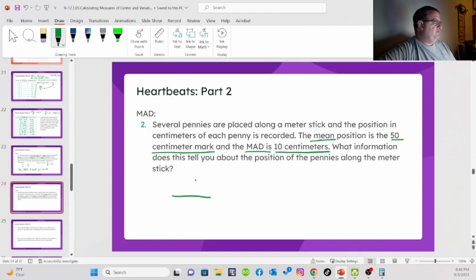So if I've got my meter stick here, I've got 50 in the middle, and my mean absolute deviation is 10 centimeters, then 10 centimeters above that would be 60, 10 centimeters below that would be 40. So on average, my pennies above are centered around 60, and my pennies below are centered around 40. That's what the mean absolute deviation tells me in this instance.